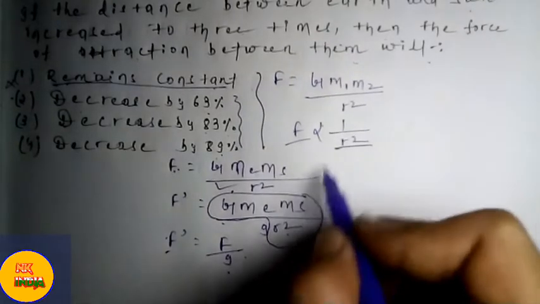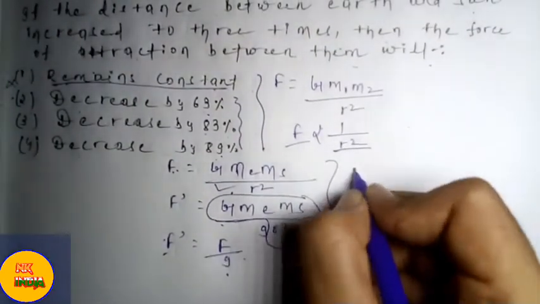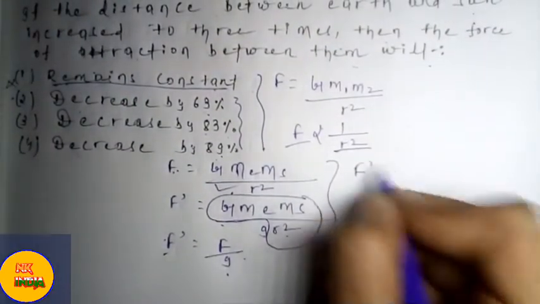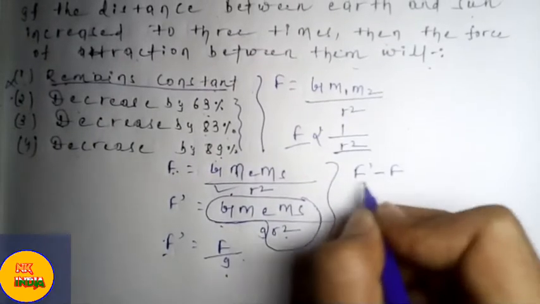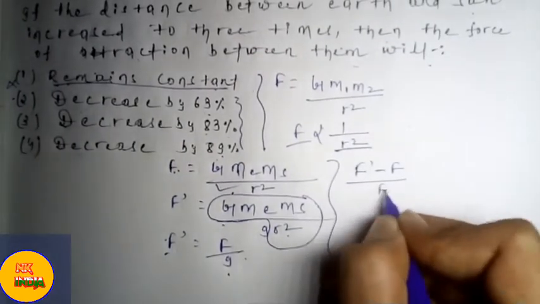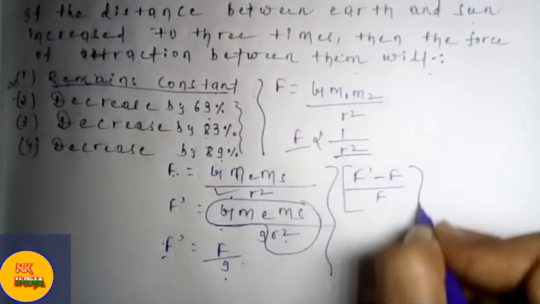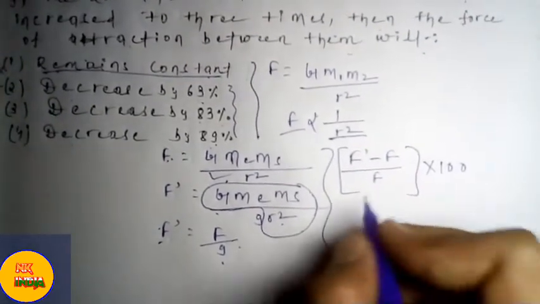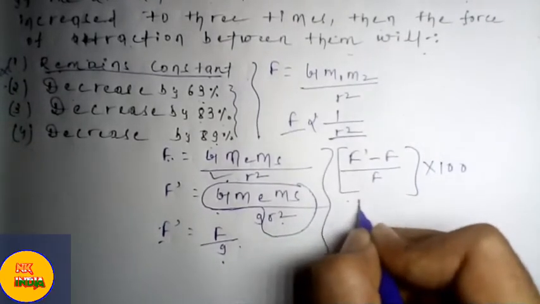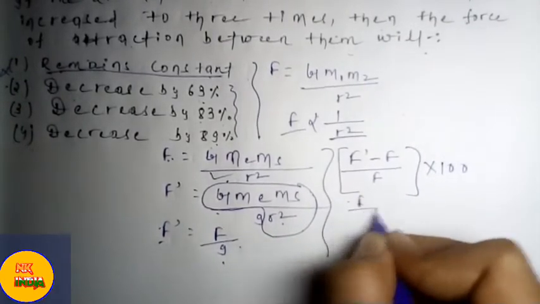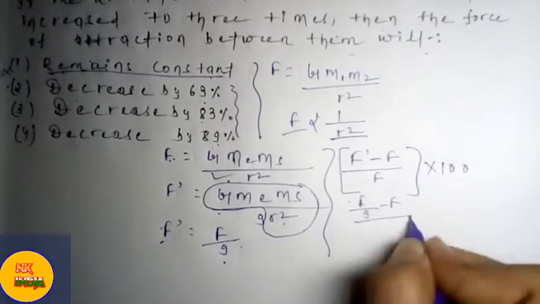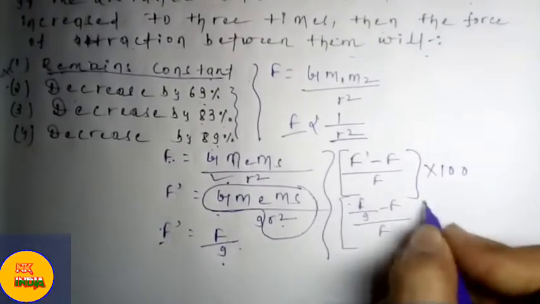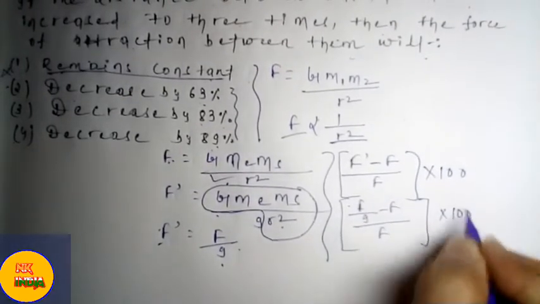Now in order to calculate the percentage change, we have to subtract, firstly, F dash minus F, then divide it by F, and then multiply it by 100. So let us have a look here: F dash is equal to F by 9 minus F, divided by F, into 100.